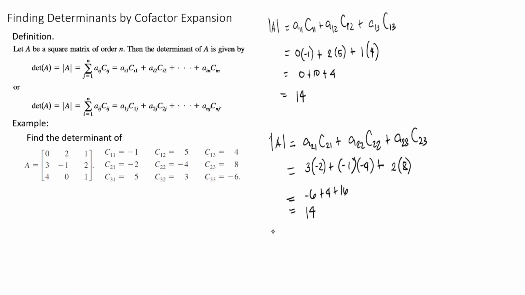Or you may also choose to evaluate by expanding the third column. That is the second part of the definition. So the determinant of A is A sub 1, 3 times C sub 1, 3, plus A23 C23 plus A33 C33. This time we are expanding a column, the third column expansion.